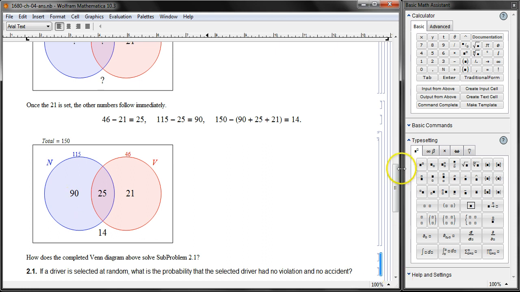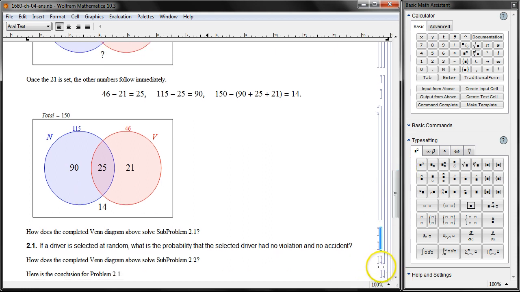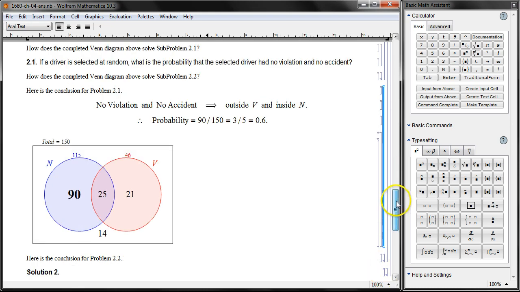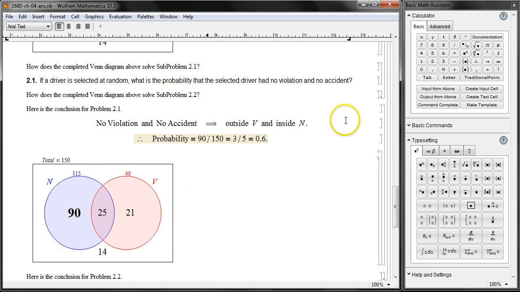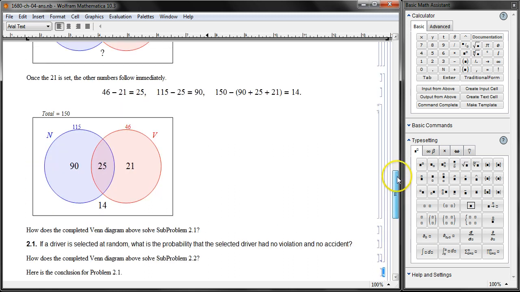Outside V, inside N. Well, here it is. 90. So the probability is 90 over 150. It's an easy computation once you determine the Venn diagram. Getting the Venn diagram is a challenge.